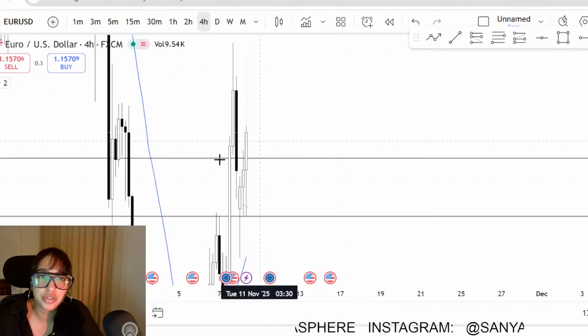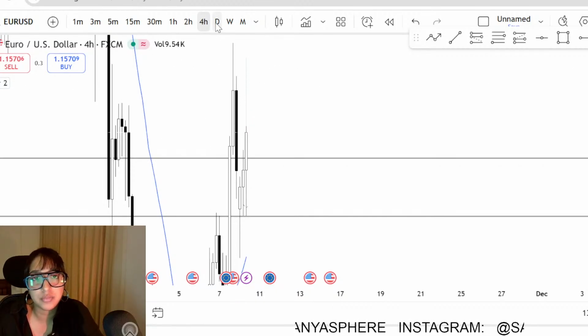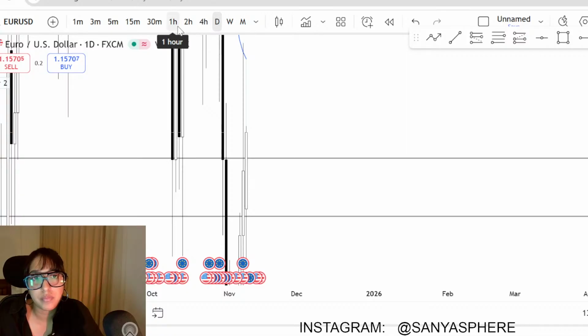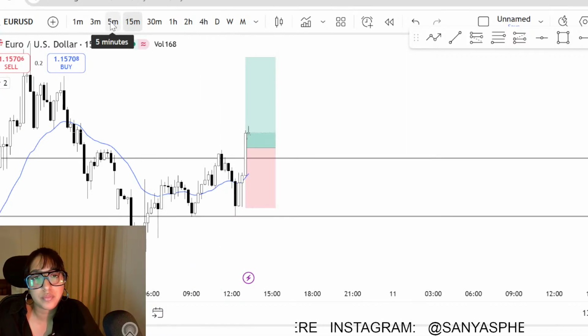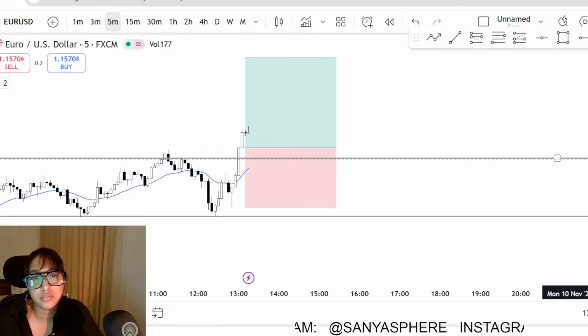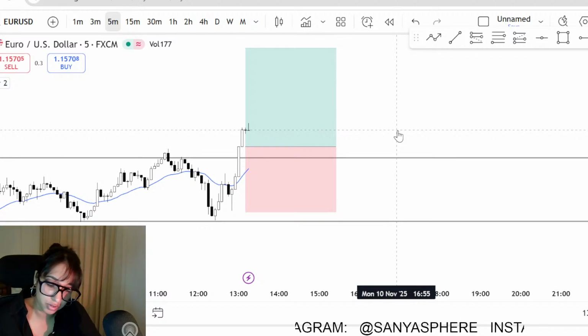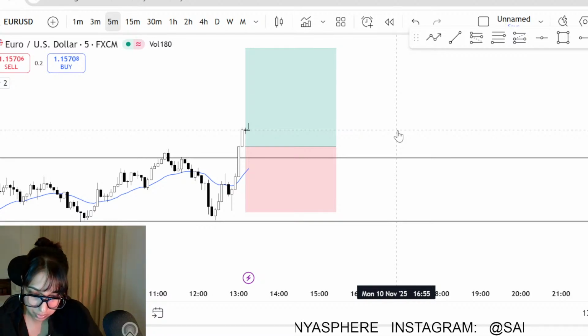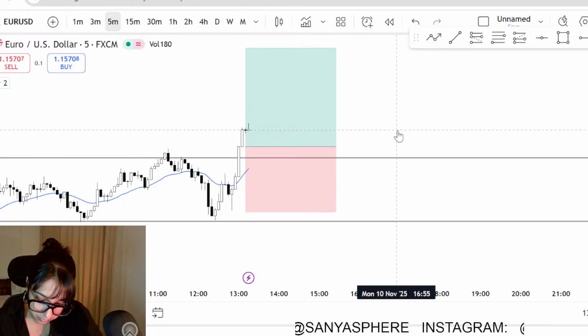If it goes bullish, then again we'll see a break above this high of the 4 hour. We have a fixed target that we take in Euro USD, if you guys know, that is 20 pips.